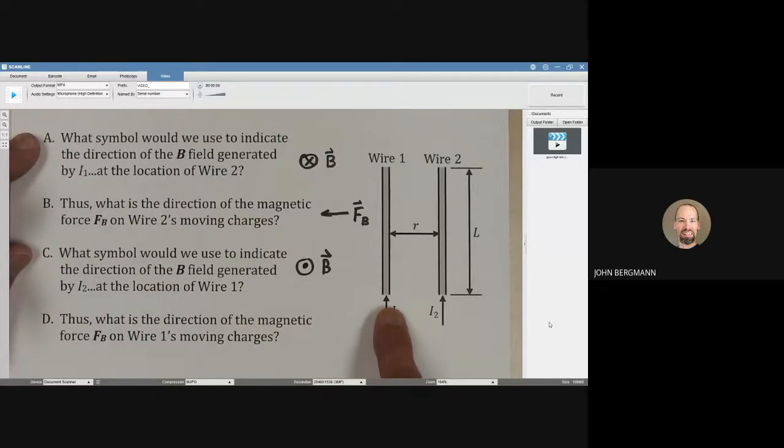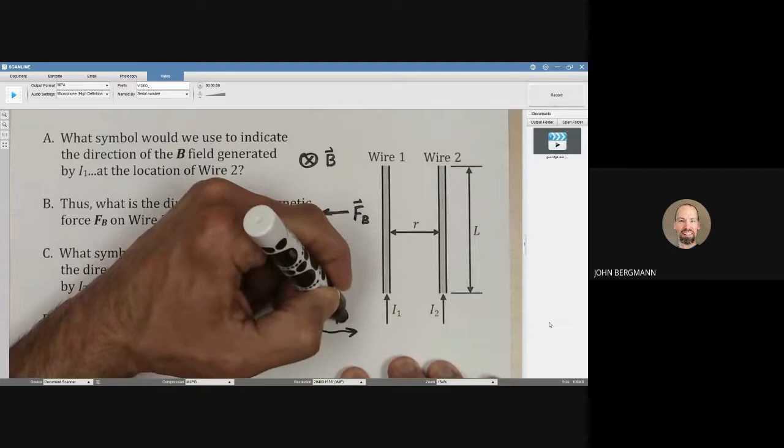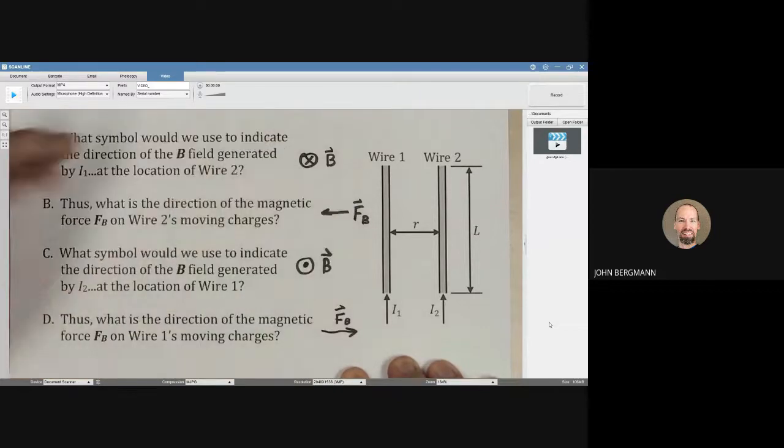And what direction will that force be? Well, according to the pat right hand rule, our right thumb is going to point in the direction of the current, our fingers are going to point in the direction of the magnetic field. And which way do you pat? You can see the arrow down at the bottom of the screen. It pats to the right. The magnetic force acts that way.